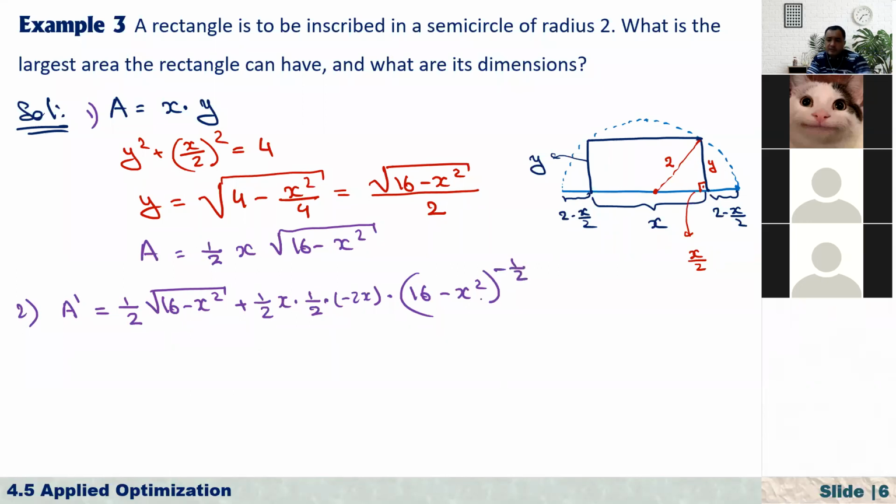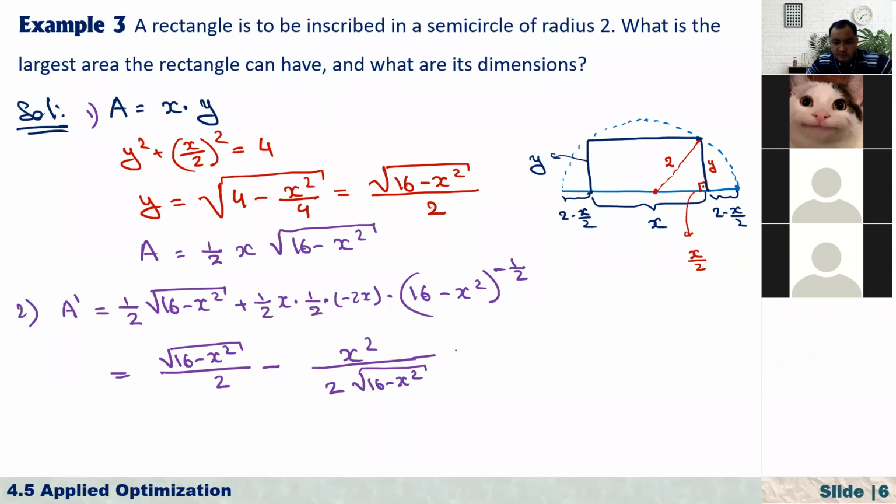Okay. So now, if you simplify this, what do we get here? Equals, again, the square root of 16 minus x squared over 2, and the 2s cancel each other. Here we have minus, and here we have x squared over 2 times the square root of 16 minus x squared, right?